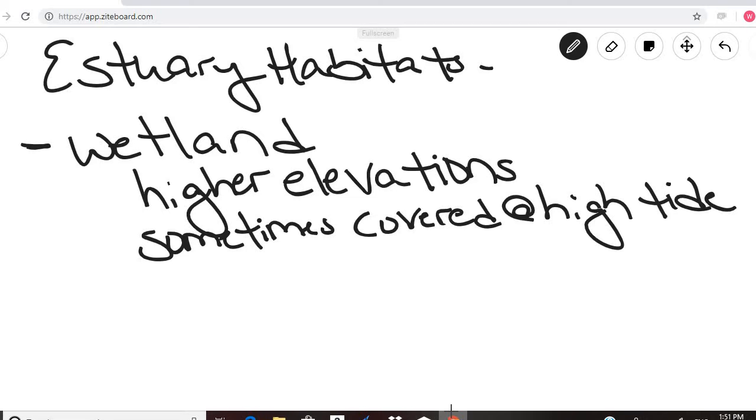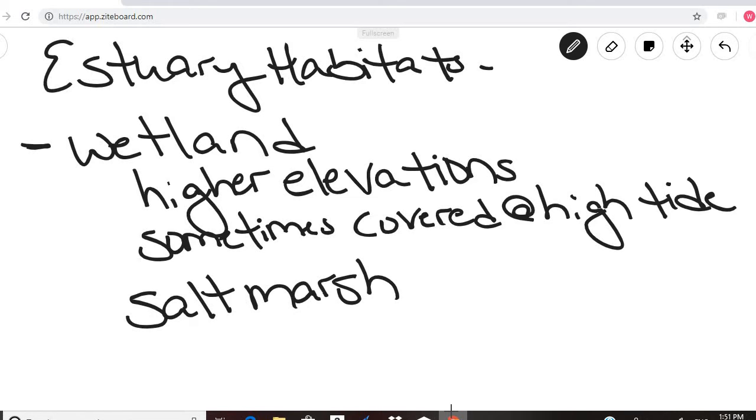And so one type of wetland is a salt marsh. We talked about salt marshes a little bit before. So there are plants that can survive in a salt marsh that are able to deal with the salt area.